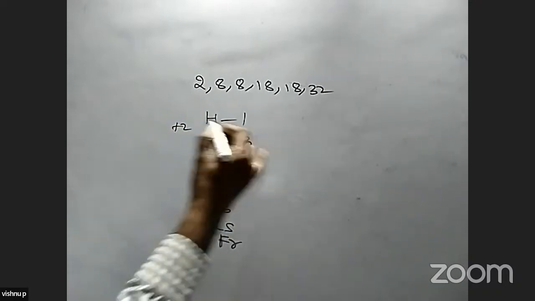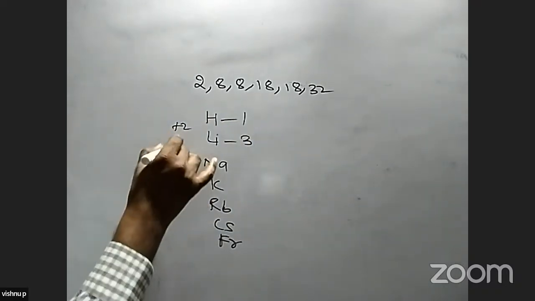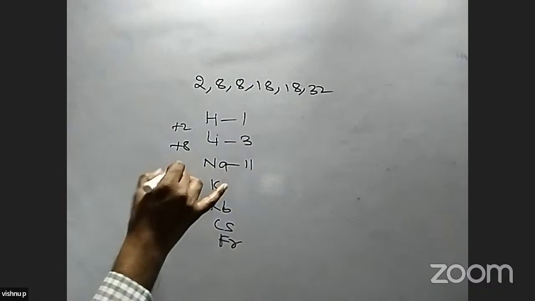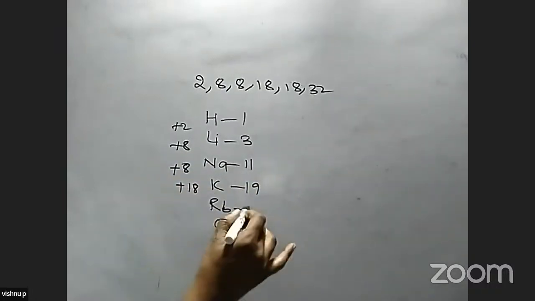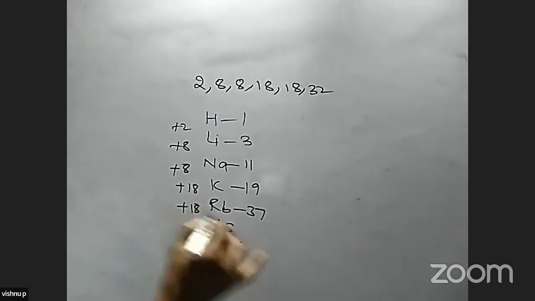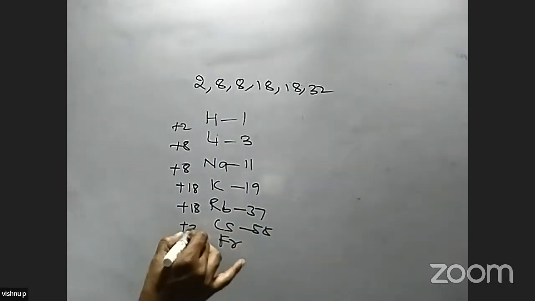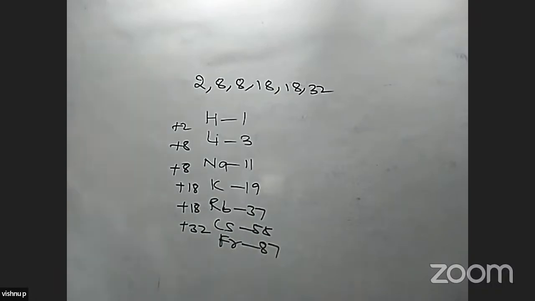So 1 plus 2 is 3 for lithium. 3 plus 8 is 11 for sodium. 11 plus 8 is 19, plus 18 is 37, plus 18 is 55, plus 32 is 87. This is the method to write atomic numbers of elements using magic numbers.